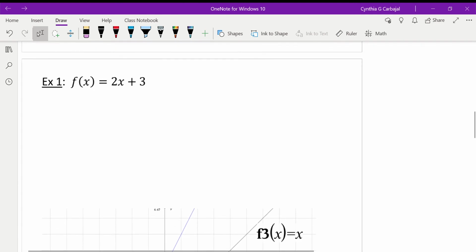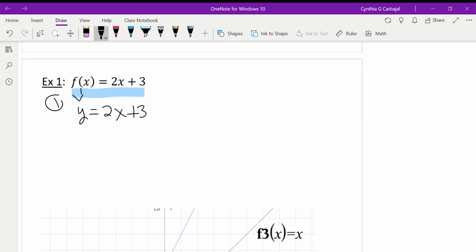Alright, so this is our first step. Now we'll look at the graph. Our first function, if you were comparing them, would be the first one you start with, and you would graph it. Your y-intercept is 3, your slope is 2, right? Then we're going to follow the steps. Step 1 is to replace the f of x with y. So step 1 done.